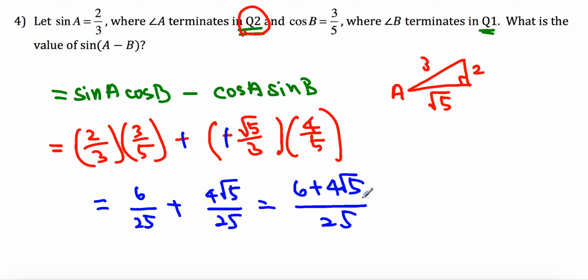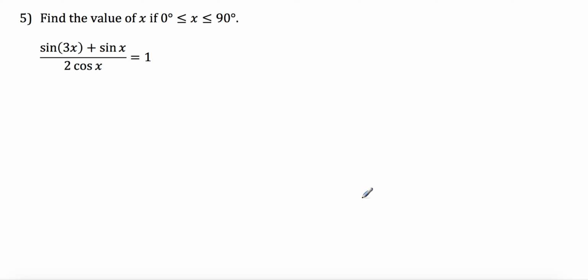Alright, let's look at number 5. So here, sine of 3x plus sine of x over 2 cosine of x equals 1. For this portion I can write down the sum to product formula.